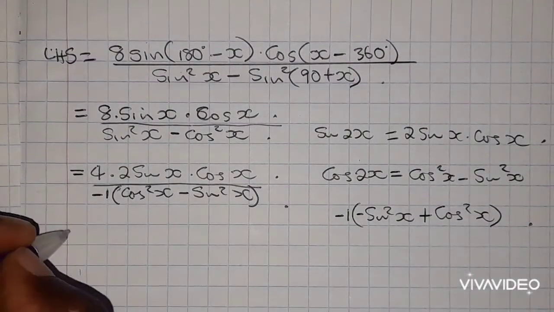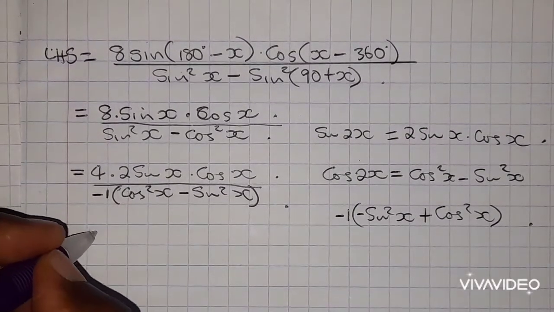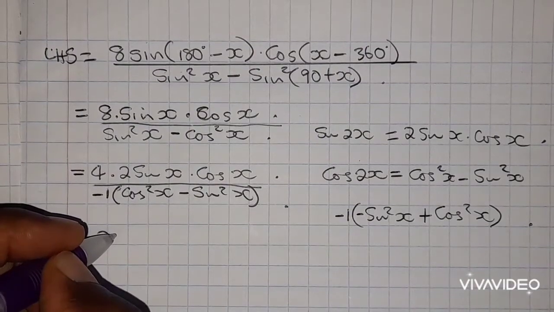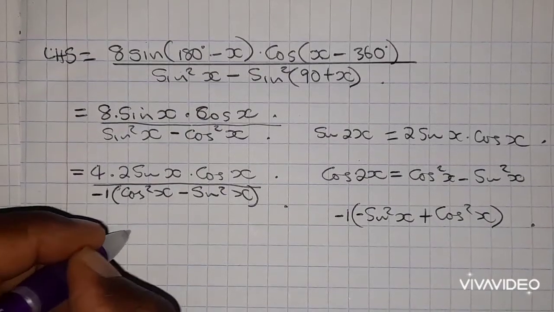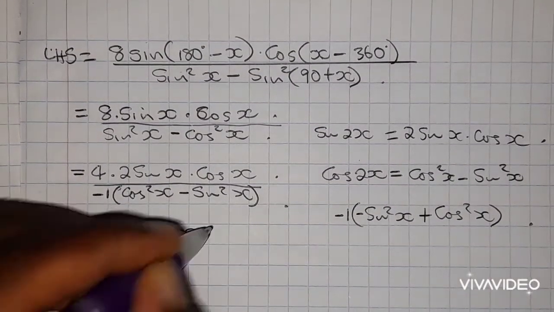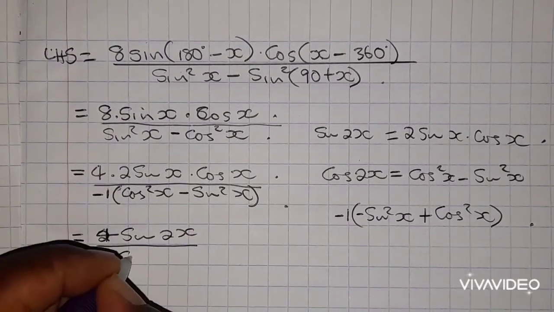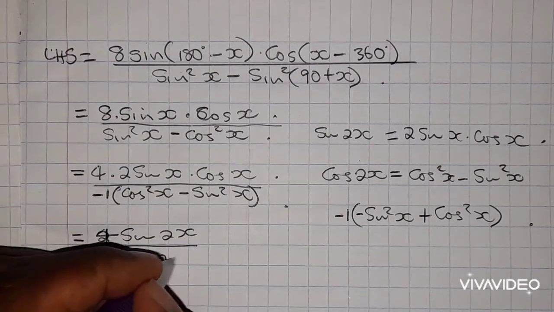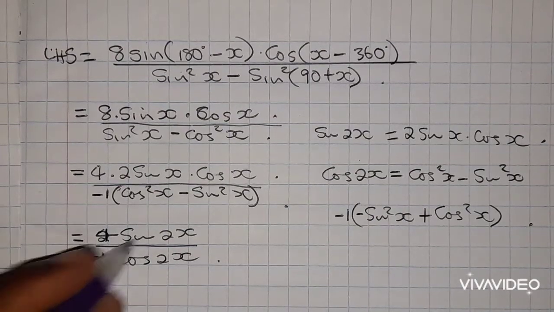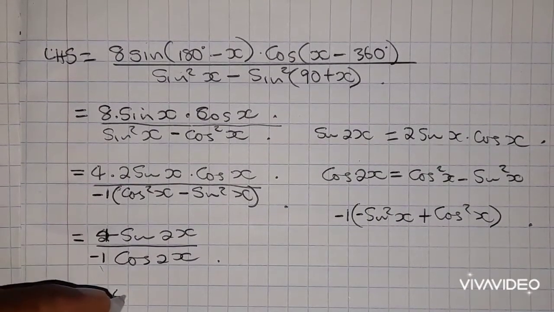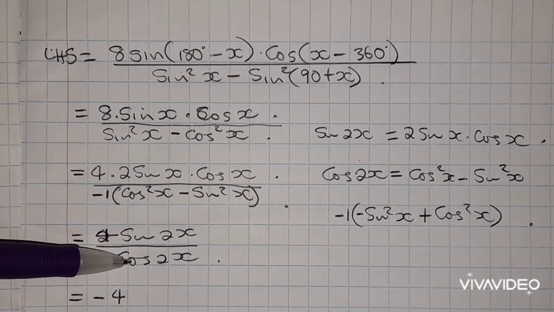Now it's easier. This becomes 2, this becomes 4, is 4 sine 2x all over, there is a -1, so it's -1 cos 2x, and this is equal to -4 sine this divided by cos this.